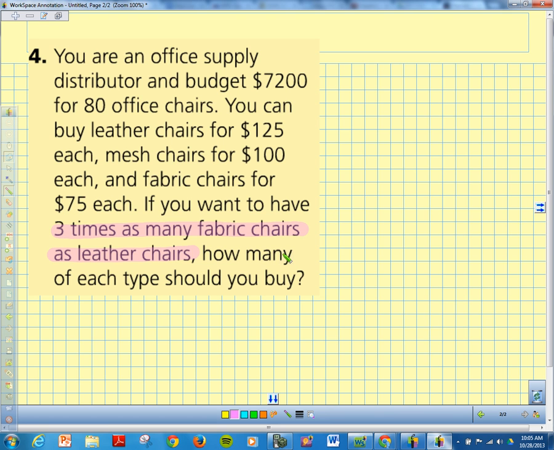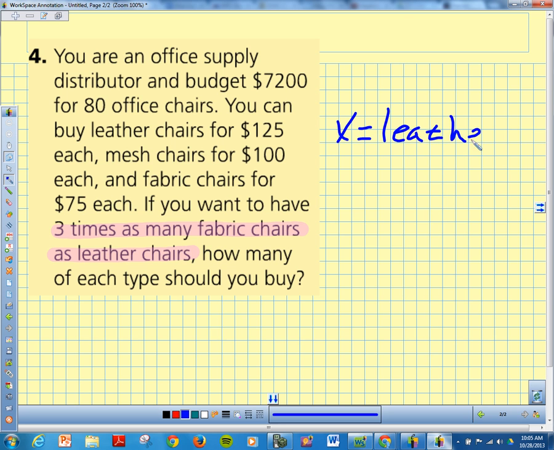Like all this 3 variable stuff, I would try to stay with X, Y, and Z. Alright? So X is going to equal leather. Y is going to equal what? Mesh. And Z equals fabric.